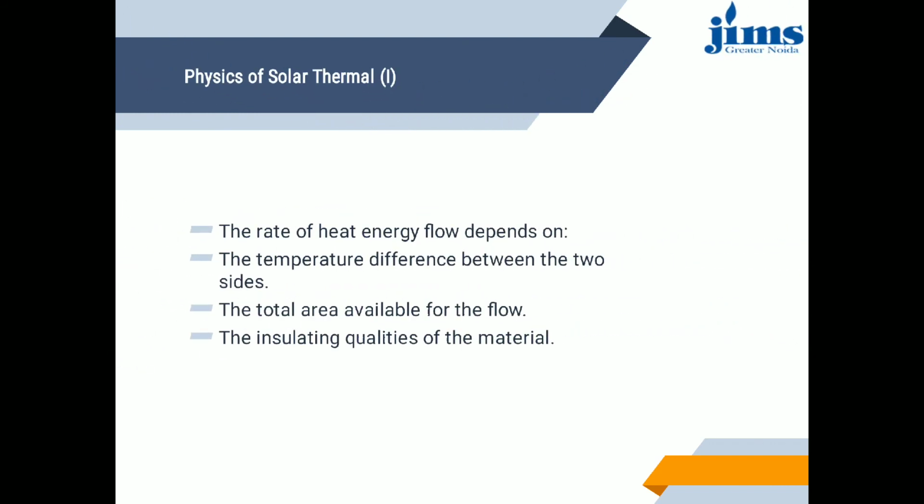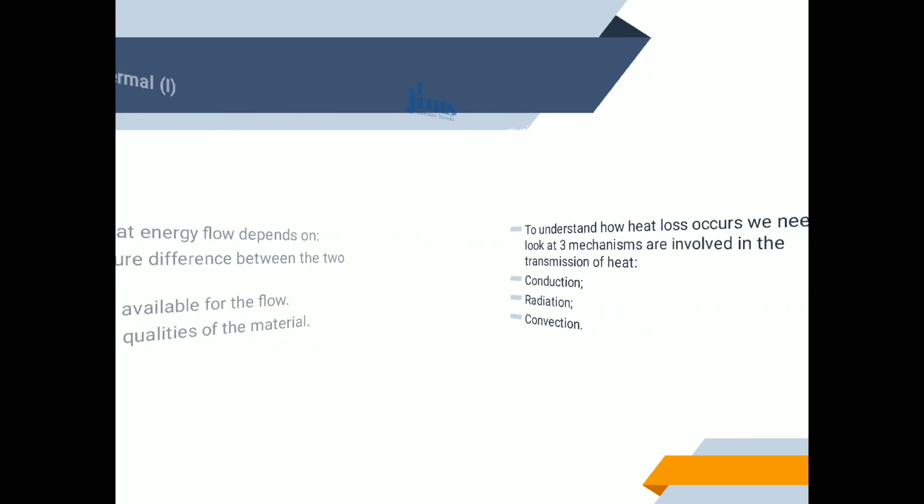Next is the physics of solar thermal energy. The rate of heat energy flow depends upon the temperature difference between the two sides, the total area available for flow, and the insulating qualities of the material.